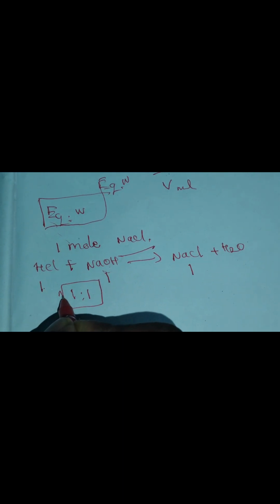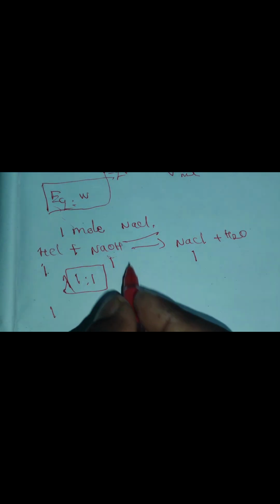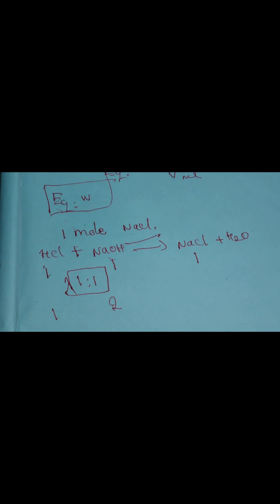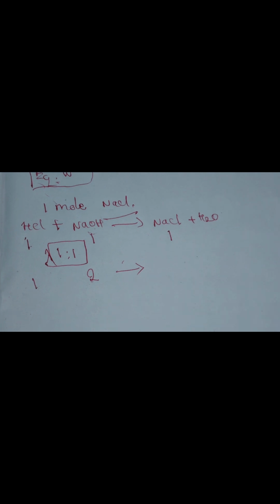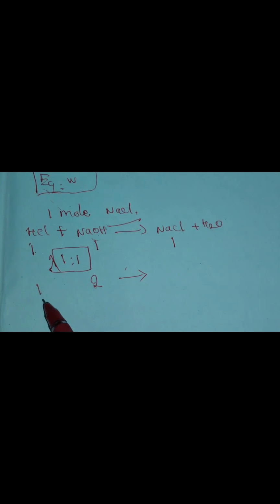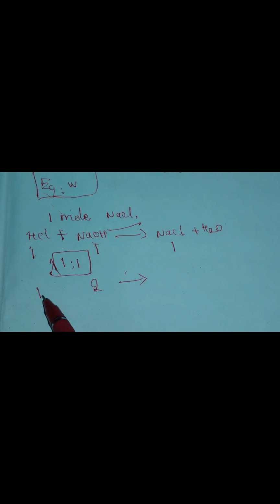Suppose we assume HCl as 1 mole and sodium hydroxide as 2 mole. Now the limiting reagent is one of the topics, and we will see it in upcoming videos. Here HCl has the lesser number of moles, so it is totally consumed in the chemical reaction.